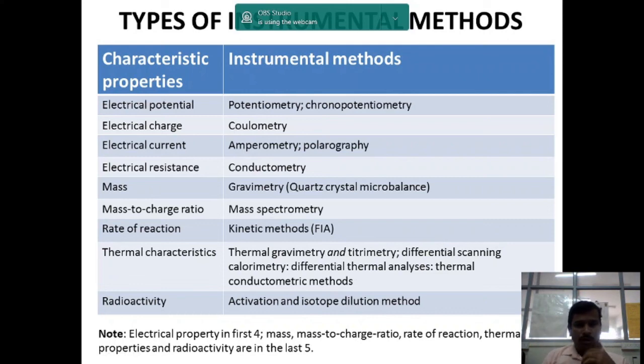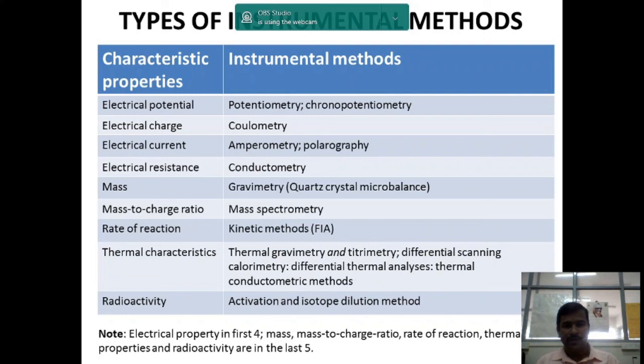And some compounds are radioactive because of the presence of a radioisotope of an element in those compounds. In these compounds, the radioactivity of the compound or the element is going to be utilized. That means the radioactivity is the characteristic of that particular compound or element, and that will obviously be measured, and these techniques fall into activation and isotopic dilution methods.